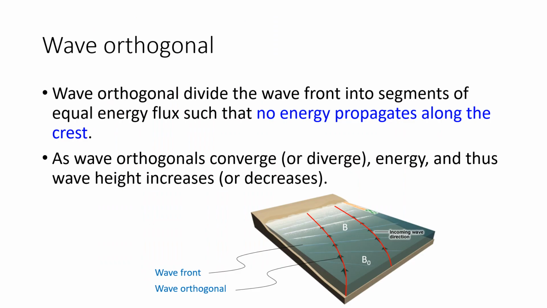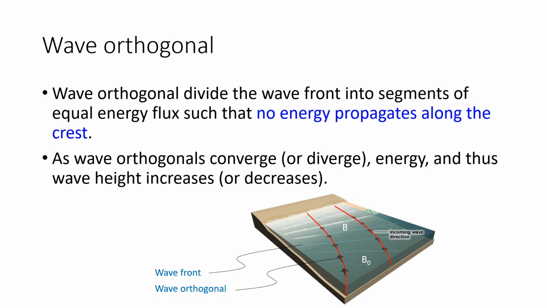So as the wave approaches the shore, we have one common way of representing that graphically. We will use a straight line to represent the wavefront, parallel to the wave itself, and we will use an orthogonal line which is perpendicular to the wavefront.